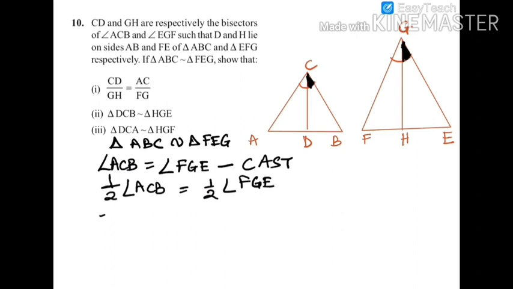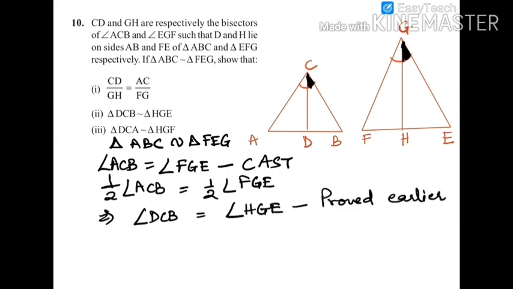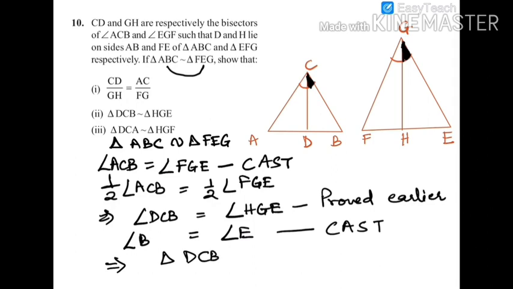So these two angles are equal. Also, angle B will be equal to angle E. Why? Because these two triangles are similar and angle B corresponds to angle E. So they are equal. So we can say that triangle DCB is similar to triangle HGE by angle criterion.